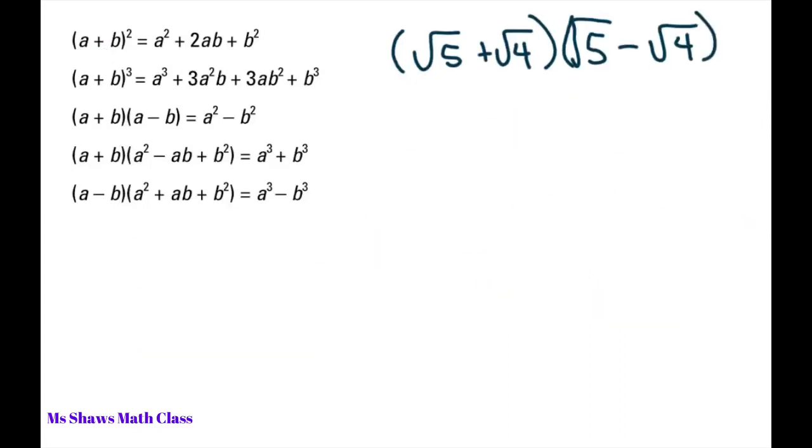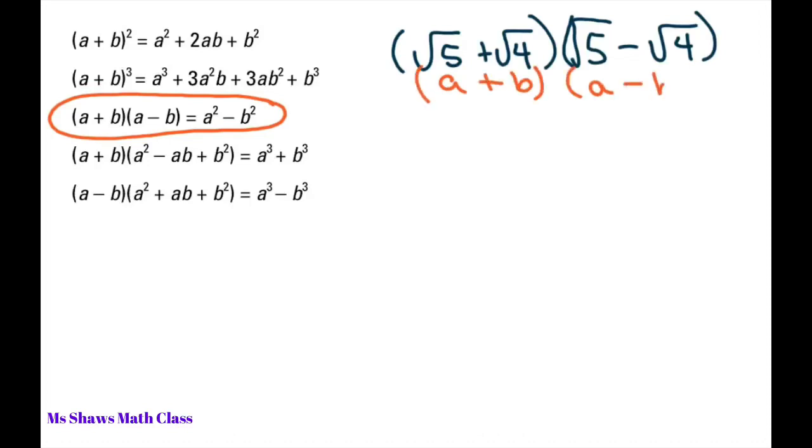And the last one has this form. So this is your (A plus B)(A minus B). So all you're going to do is let A equal square root of 5 and B equal square root of 4. And I'm going to write this formula down.